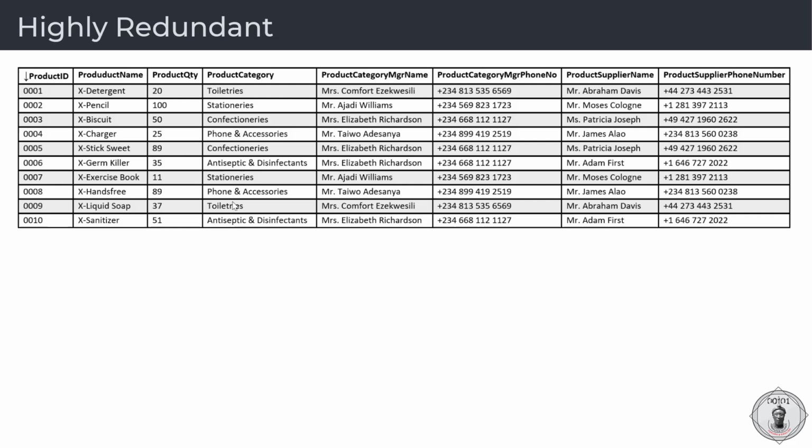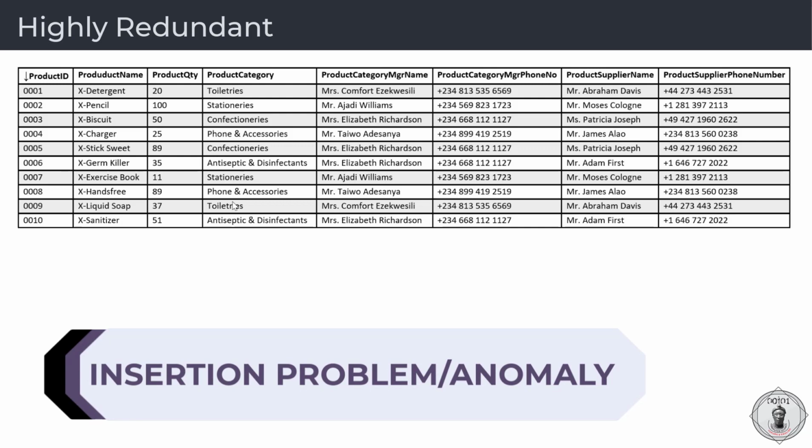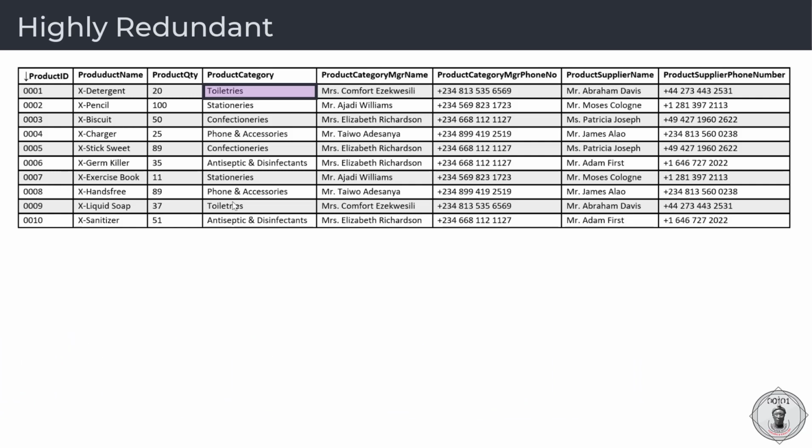So let's quickly talk about the other problems that could arise from data redundancy. We've talked about the insertion problem, but for emphasis, we'll quickly talk about it again, also known as the insertion anomaly. Let's assume that we need to add 10 other products that belong to this toiletries category.